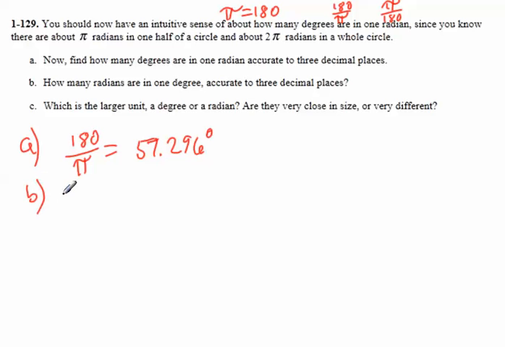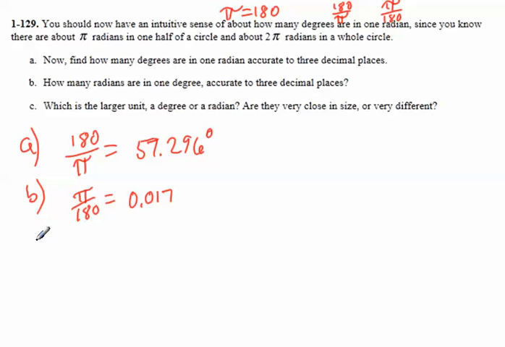Well, B would be the reverse of that. So pi divided by 180. 3.14, or the pi button in the calculator, divided by 180. We end up with 0.017. So this is how many degrees there are to 1 radian. This is how many radians there are to 1 degree.